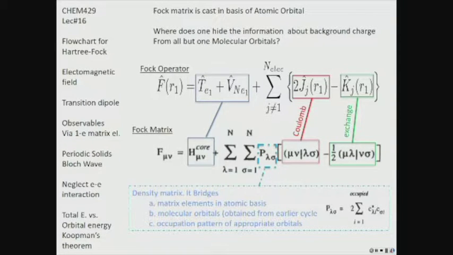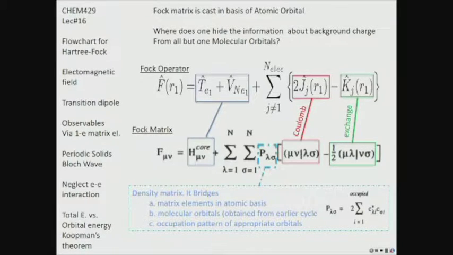So it is a way to bring in information about how electrons sit on different molecular orbitals and create a background field. So if we add this object, which some people call a density matrix, it is not a general density matrix, it is a Hartree-Fock specific density matrix.